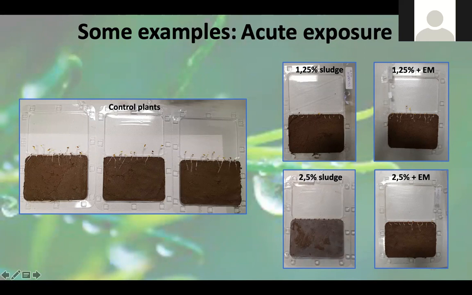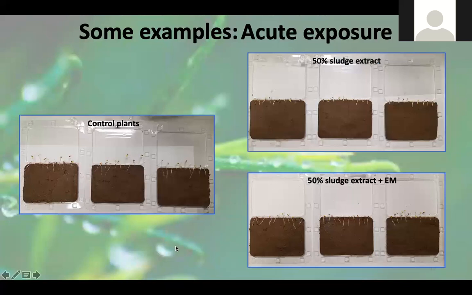And what does it mean? It means that these effective microorganisms have played a role in sludge detoxification, and also that they have improved plant development. And in this case, we have added sludge directly to the soil.